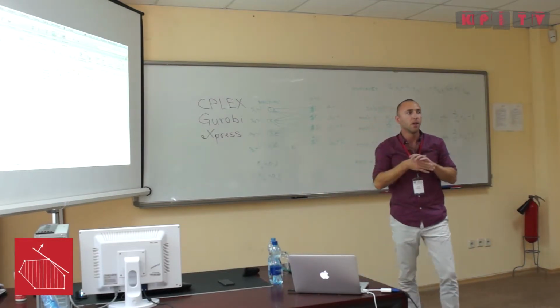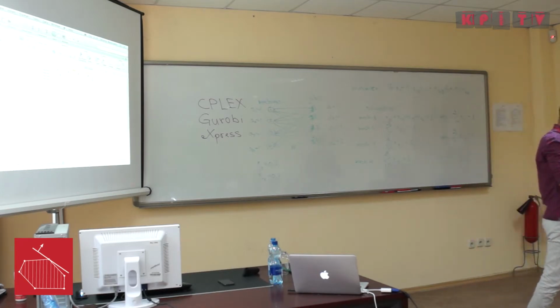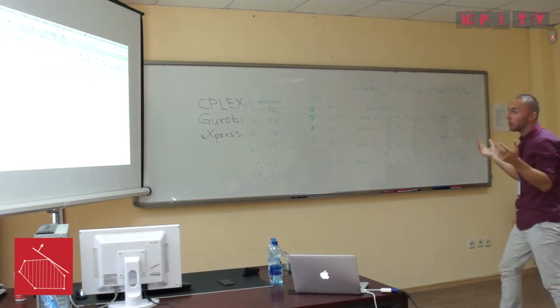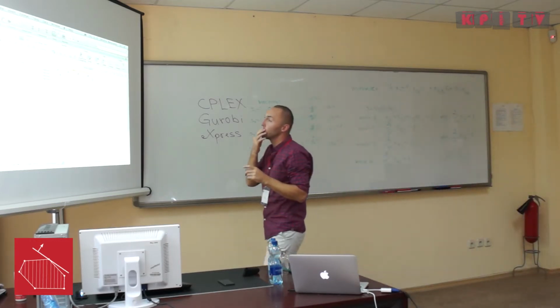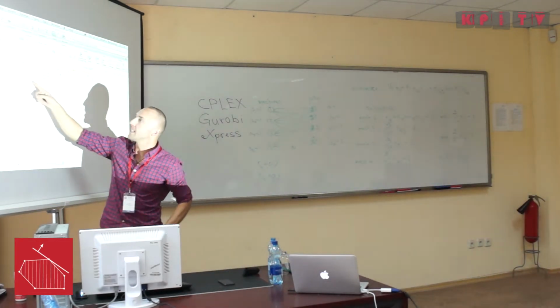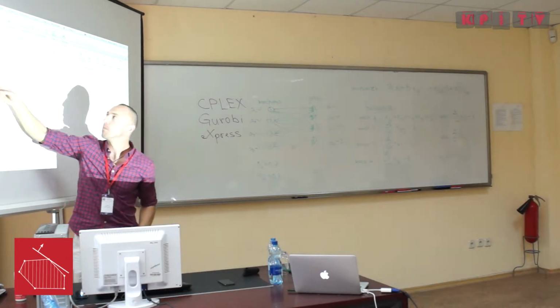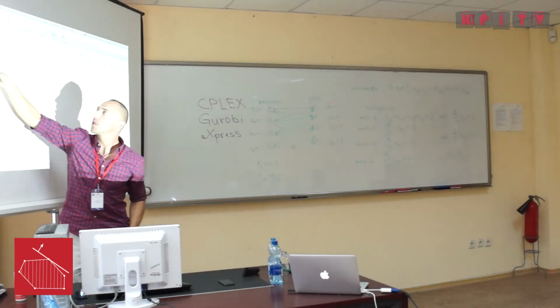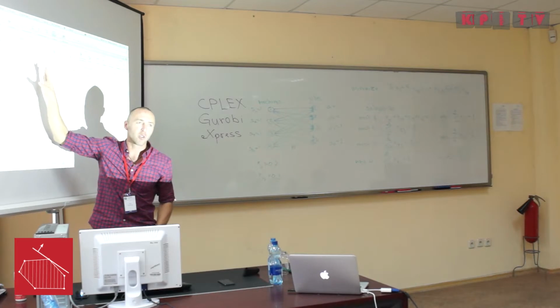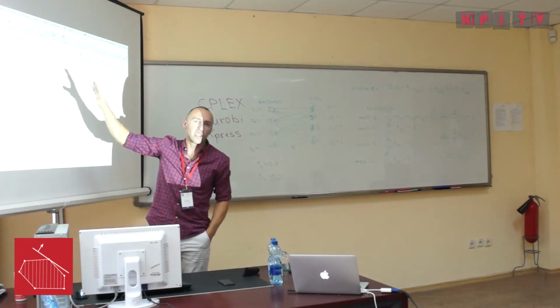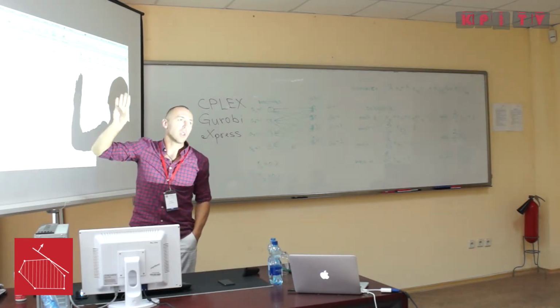So, please get to the computers and open Excel and open an empty spreadsheet. What I want you to do is input the data. This is just the cost matrix for 4 machines, 4 jobs. I decided to make it a little nicer so that it's easy to see, but you can do it in any way you want.